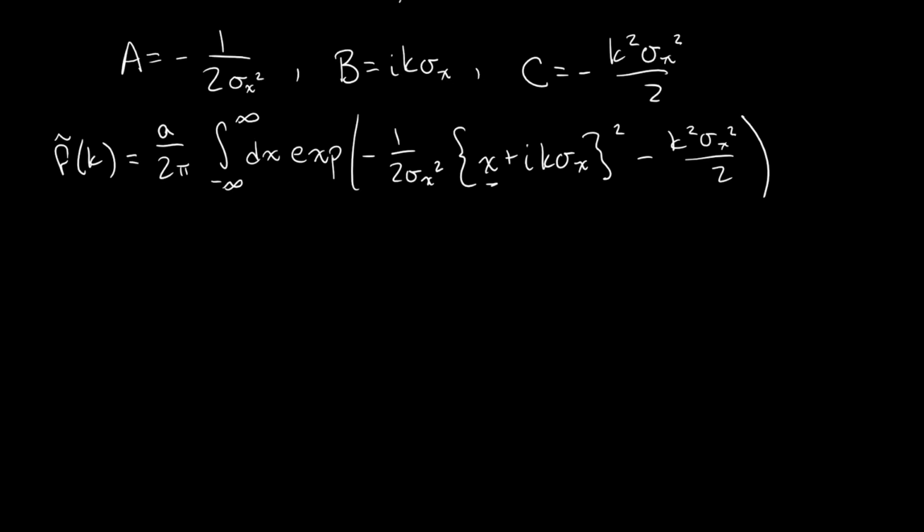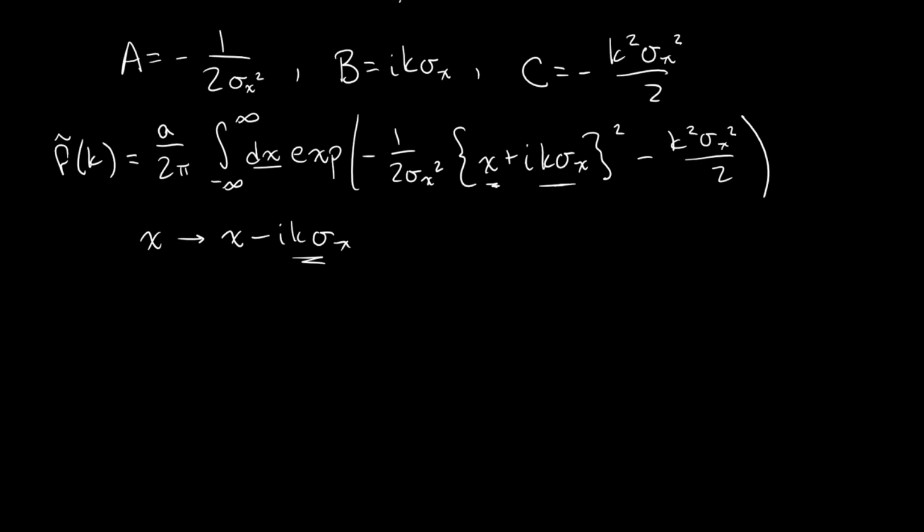So now what I can do is, here I have x plus a constant, right? Which means that I can just shift x. So if I take x to x minus ik sigma x, the dx doesn't change because this is all constant with respect to x.